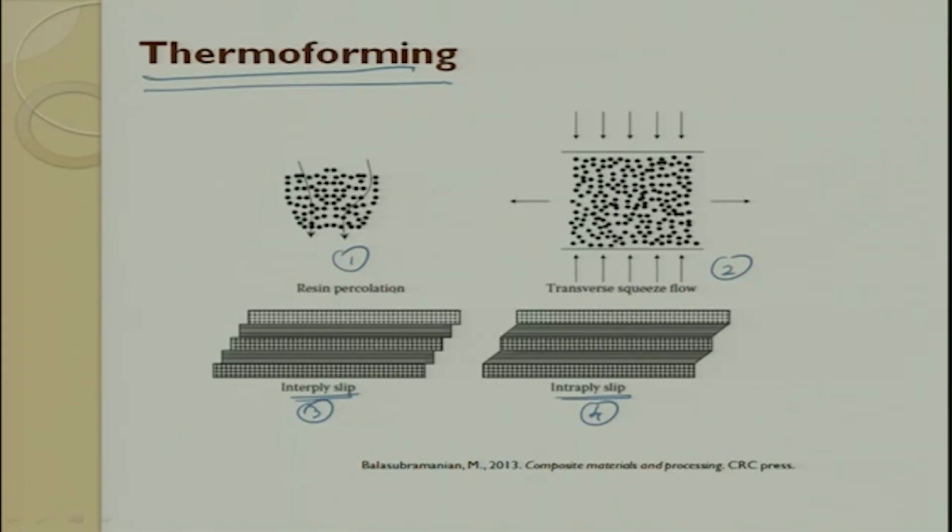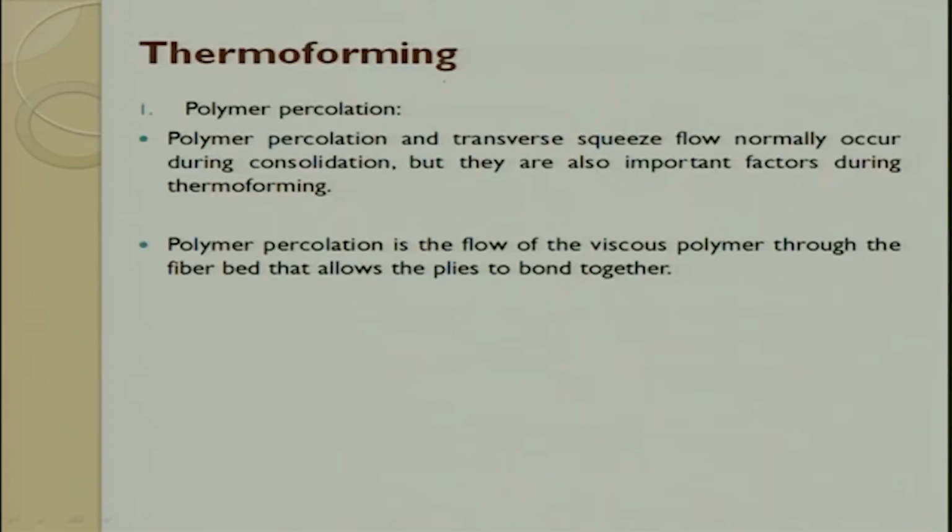Since here the matrix has to be taken to a viscoelastic state, it requires a lot of care. So, what happens in percolation? Percolation and transverse squeeze flow normally occur during the consolidation process. In polymer percolation, the flow of the viscoelastic or viscous polymer through the fiber bed allows the plies to bond to each other.